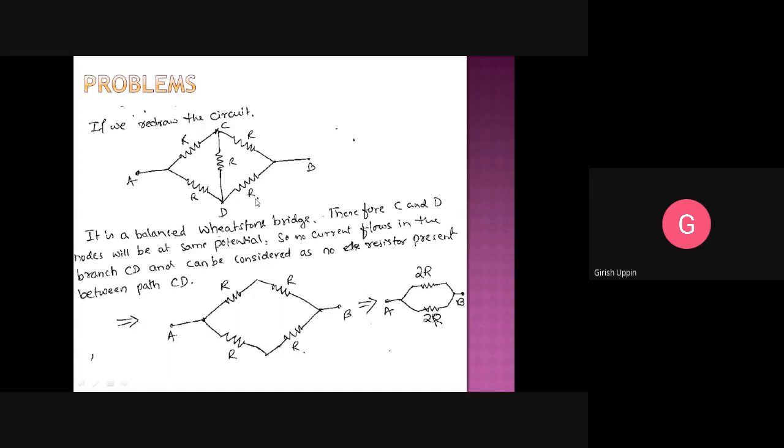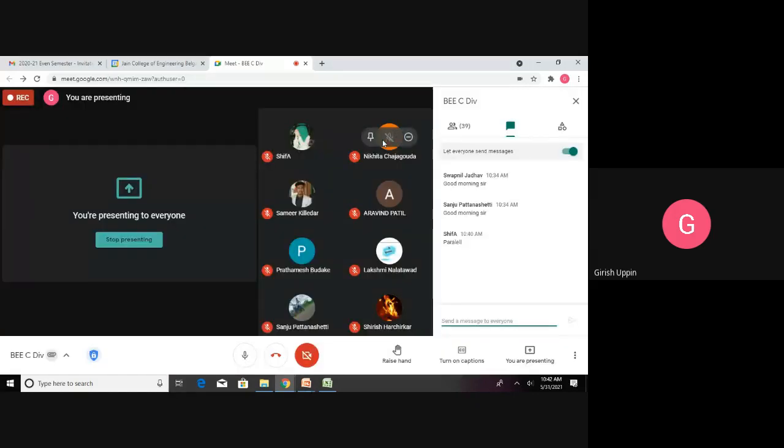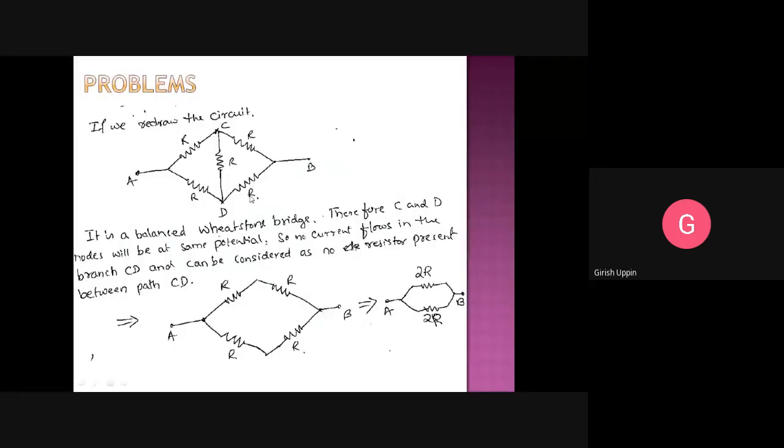So what happens in your Wheatstone bridge, if it is a balanced circuit, what would be the current in this branch? Normally you will connect a galvanometer, isn't it? What would be the galvanometer reading if it is a balanced Wheatstone bridge?